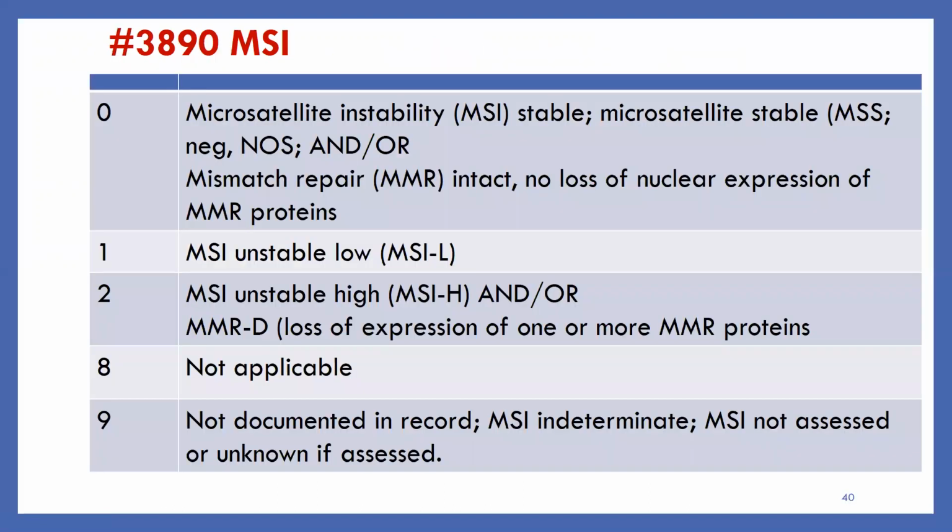So here are the codes, and this is what they're talking about with the MSI, the microsatellite instability, or the MMR, the mismatch repair. Oftentimes in the mismatch repair, you will see the proteins listed out. Those aren't really in this section to help you identify what you're looking at and what you're trying to find.